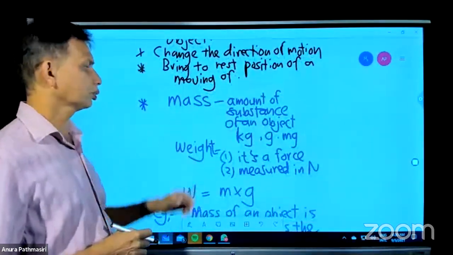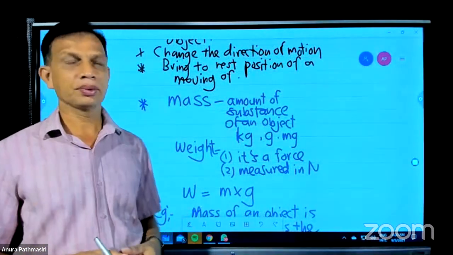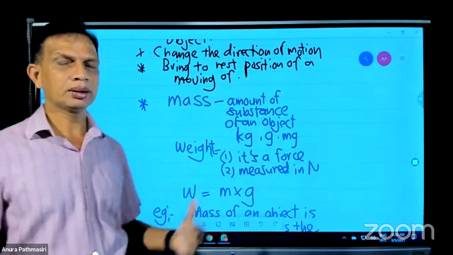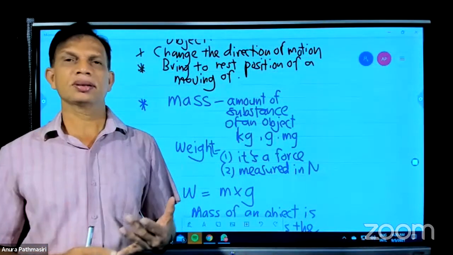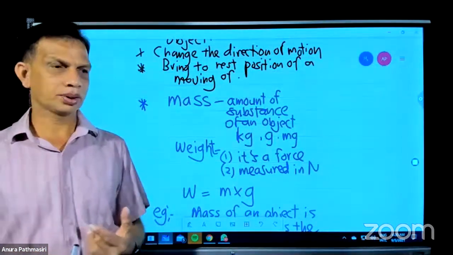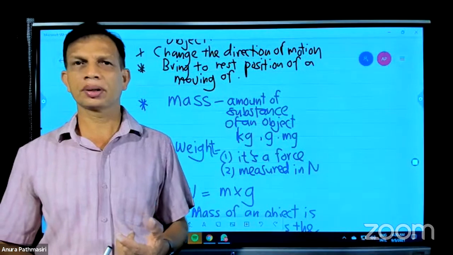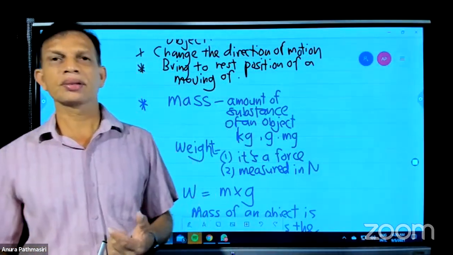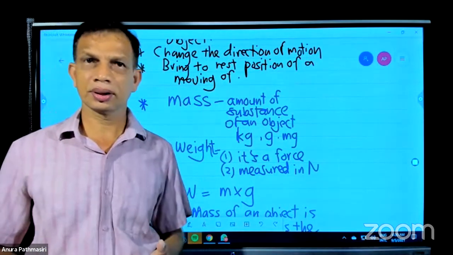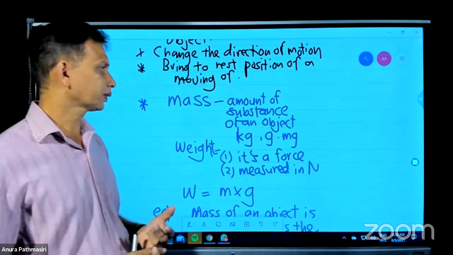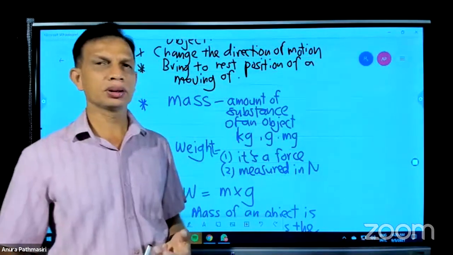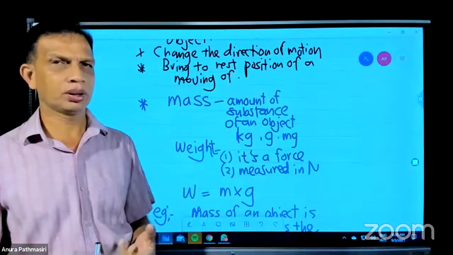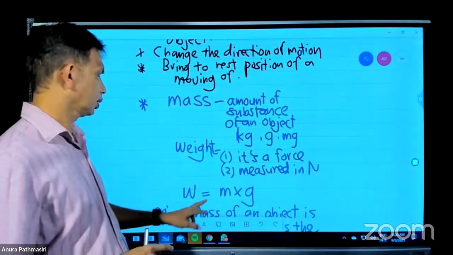So we wanted to know the relationship between mass and weight. Mass is the amount of substance and measured in gram or kilogram or milligram, but when it is concerned with physics, you want to measure it in kilogram, not in gram. So in order to convert gram into kilogram, you have to divide it by 1000.